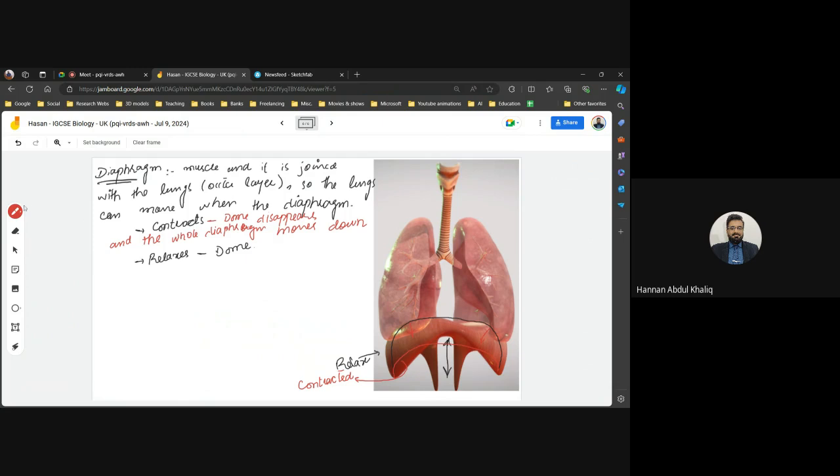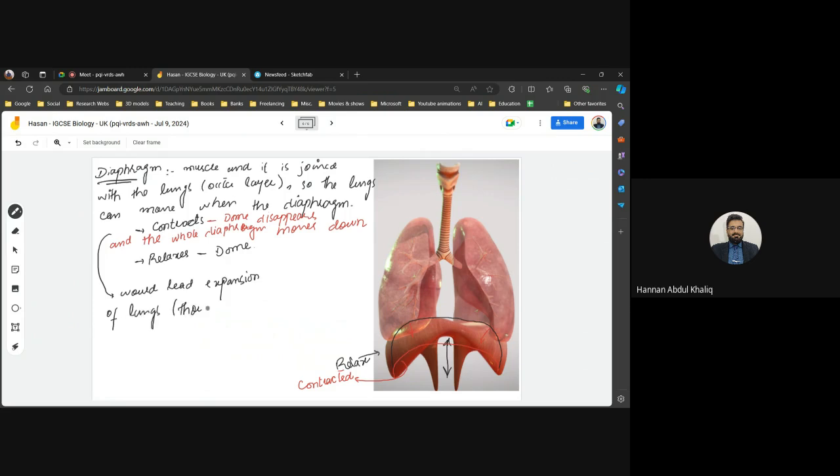And what is the benefit of it? The contraction would lead to expansion of lungs. In other words, expansion of thoracic cavity.